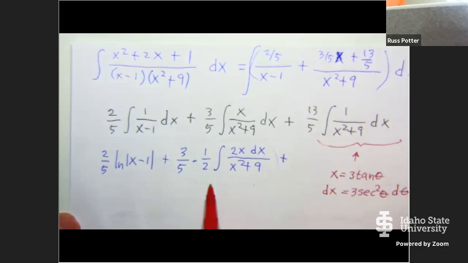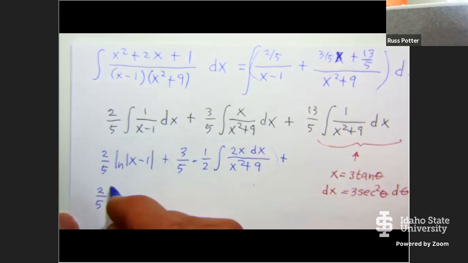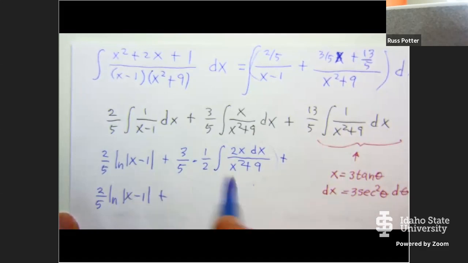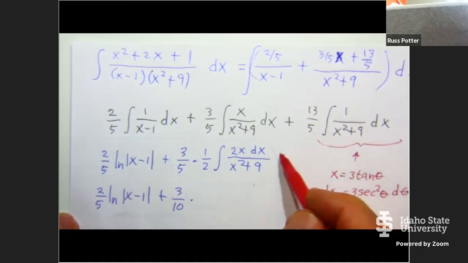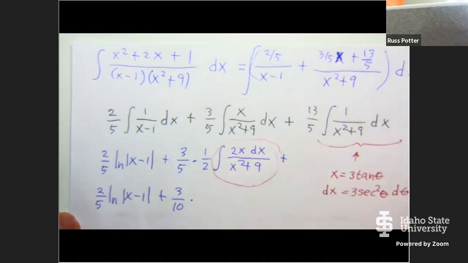Let's go ahead and evaluate the middle integral. So the left one is already finished, 2/5 times the natural log of x minus 1, plus 3/5 times 1/2 is plus 3/10. And what is the indefinite integral of 2x dx over x squared plus 9?